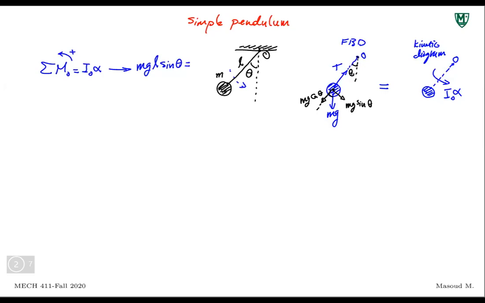Now, depending on how much you remember from dynamics, what was the moment of inertia of a mass rotating around a point? Do you remember that? I'll welcome any input.